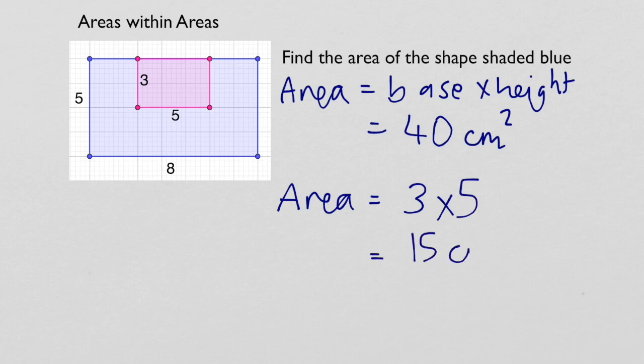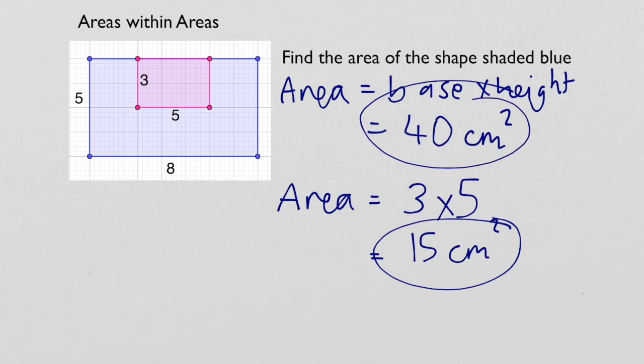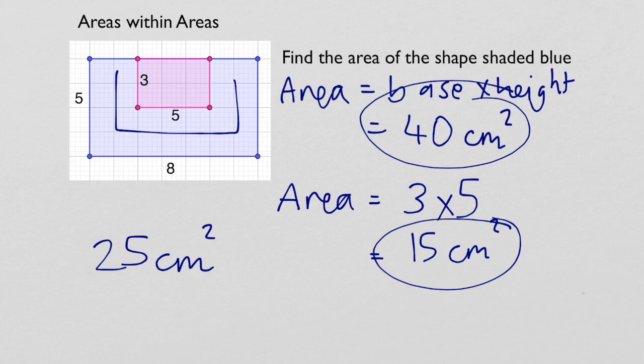They're all in centimeters, so centimeters squared. And you simply take the small one away from the big one, and that's going to give you the area in between. So 40 take away 15 equals 25 centimeters squared, and that's how you find the area of the blue shape. Okay, so let's take this one step further.